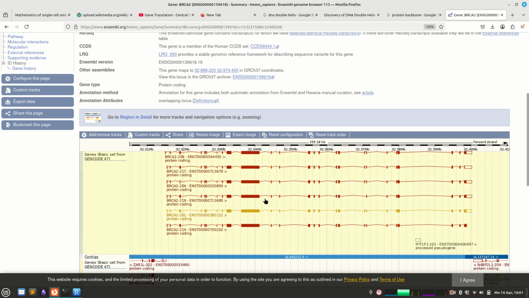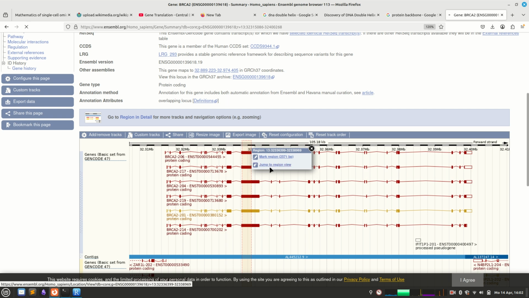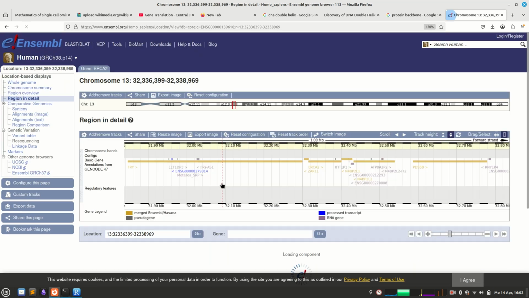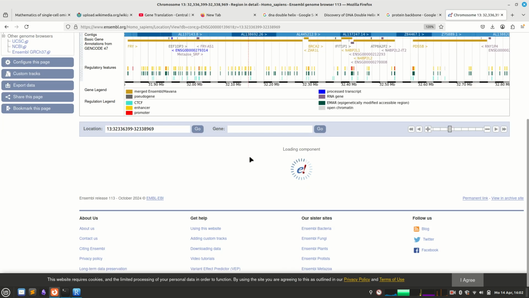Now, if I get a read and I find the read matches to this part of a DNA sequence, let's zoom in a little bit. Here I've zoomed in, and at the bottom I should see the actual sequence at this part, if I've zoomed in deep enough. And when I see this, then I might say, okay, this read is from the BRCA gene.